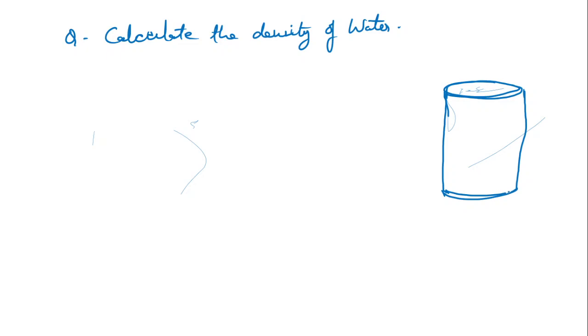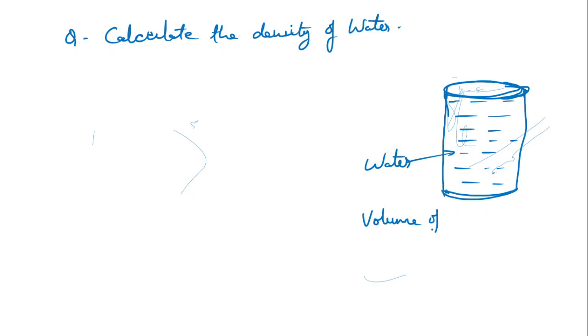Inside the drum we have completely filled it with water, and we know the volume of this drum, so we can say that the water is completely filled, and the volume of water will be equal to the volume of the drum.